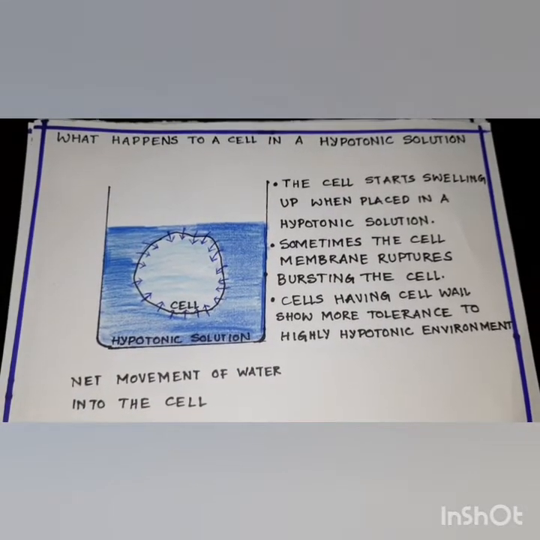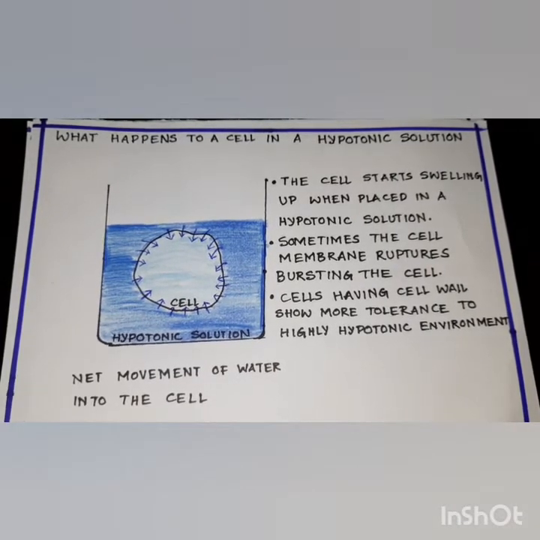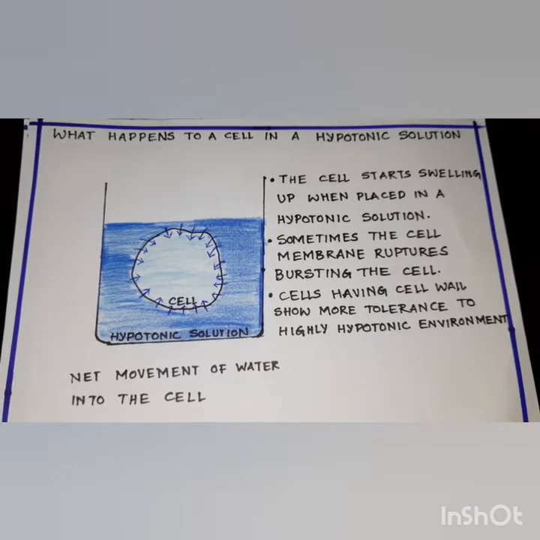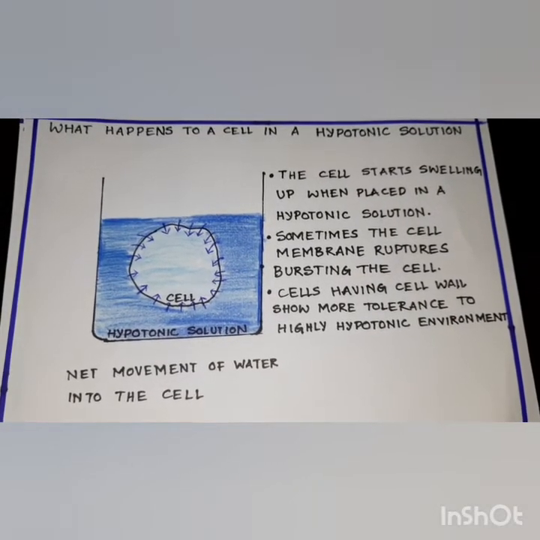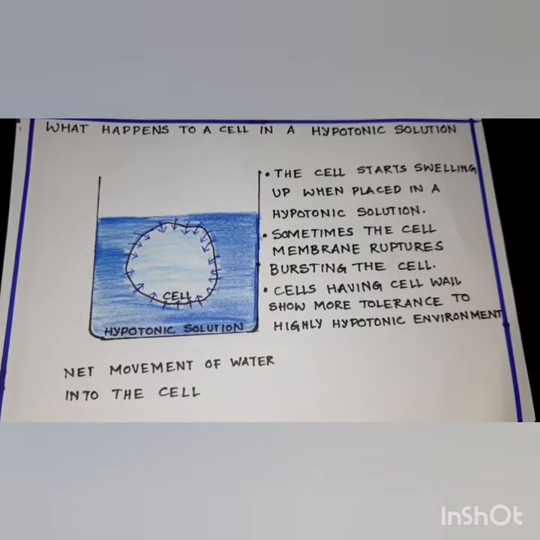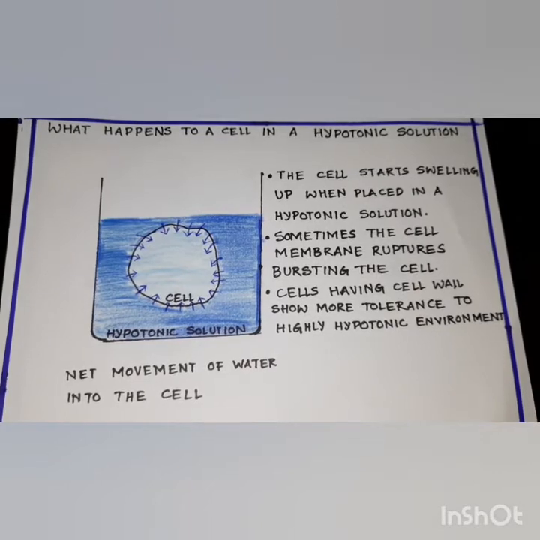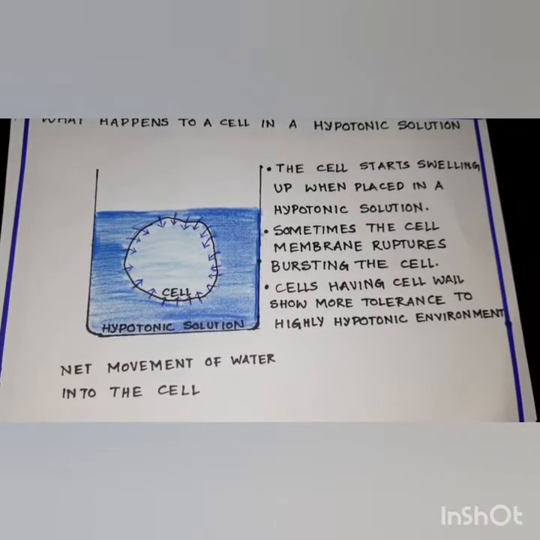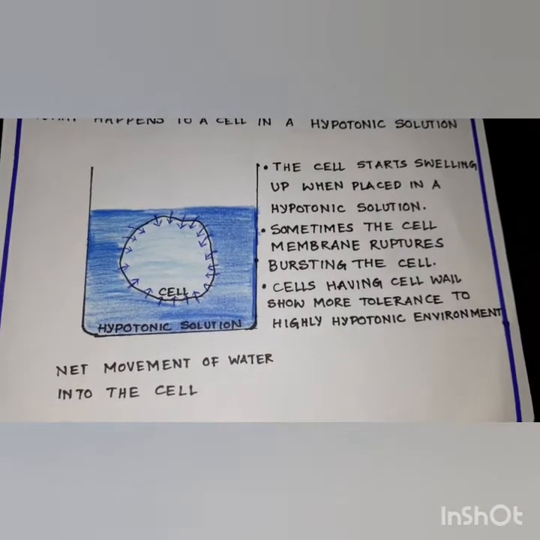Now let us discuss what will happen to a cell when it is placed in different types of solutions. In the first case, let us see what will happen if it is put in a hypotonic solution. Here in the figure you can see that we have put a cell in a hypotonic solution. The dark blue color of the solution indicates more water concentration and the light blue color indicates less water concentration.